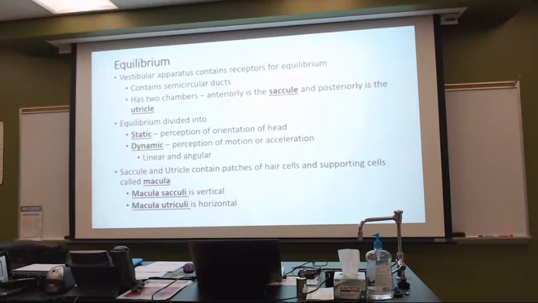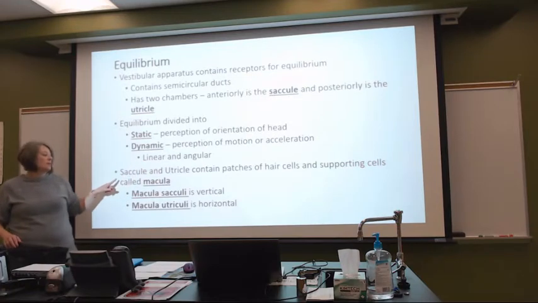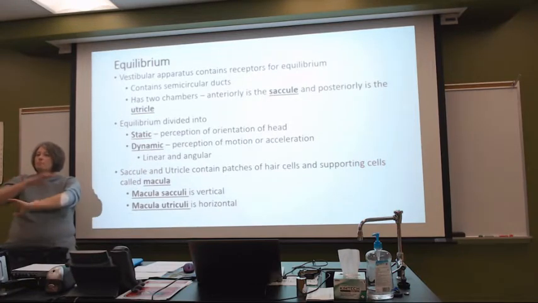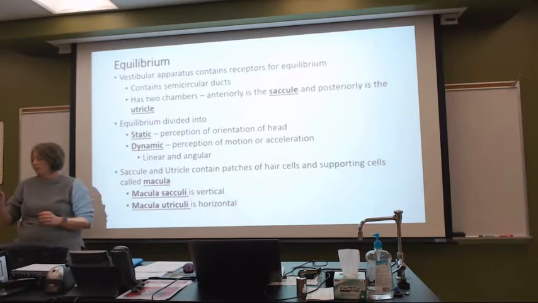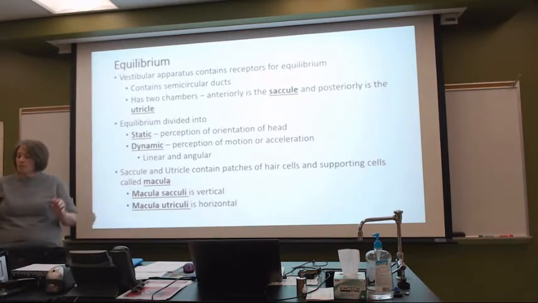But the goal, and this is one of the reasons that I think they have put it with being a special sense, is because of what they've learned happens in these parts of the ear. So, our saccule, our utricle, our macula. Now, macula, when you hear this term, let yourself think of a mass, okay?